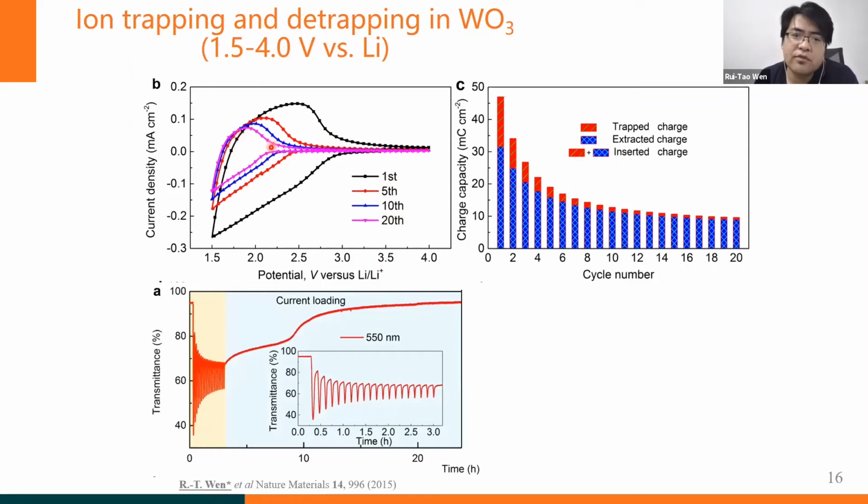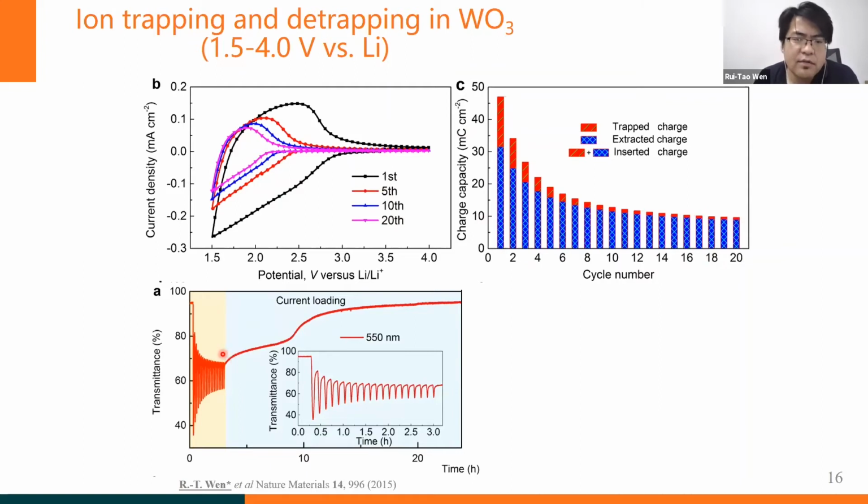The reversible charge capacity is almost lost. From the right figure, you can see how much charge is trapped during each cycle. After about 20 cycles, very little charge can be trapped, but the film's reversible charge is also degrading very fast, right?